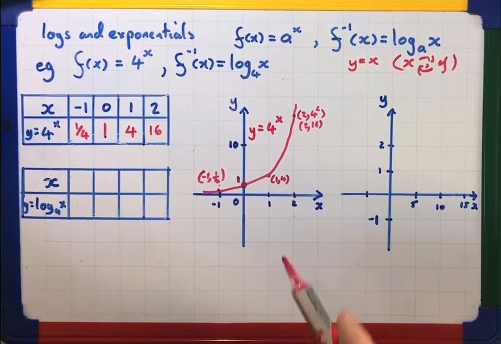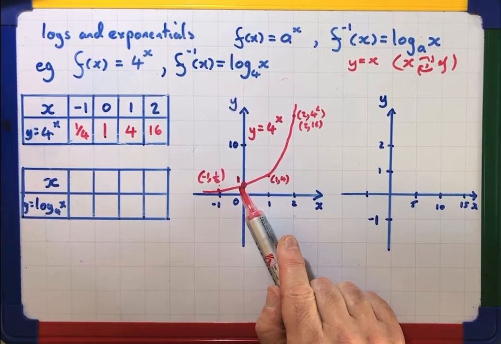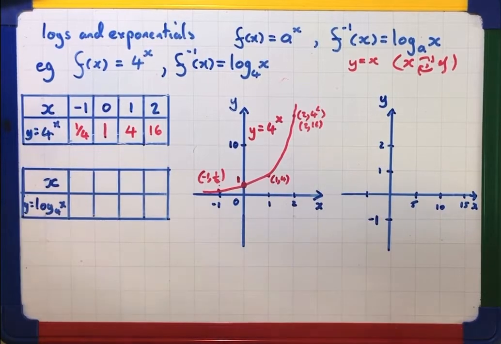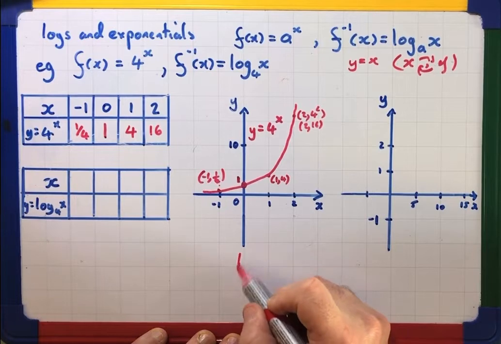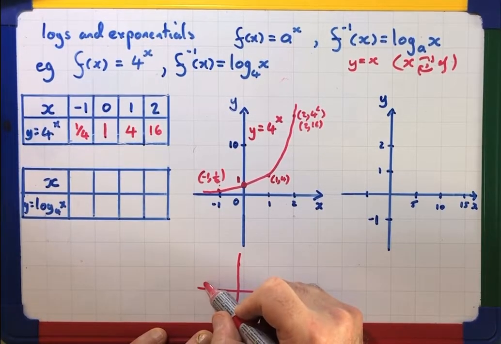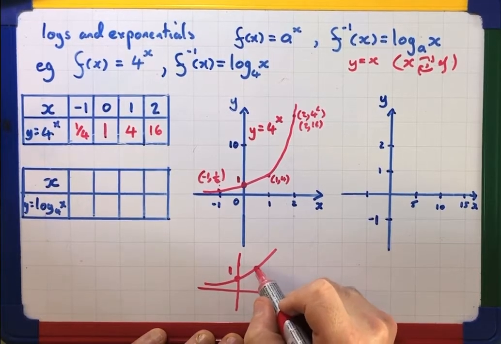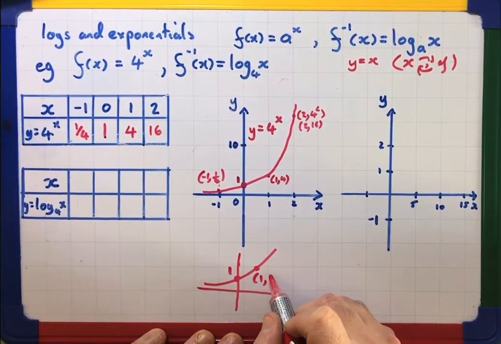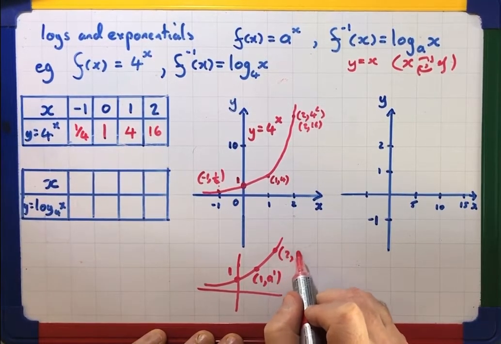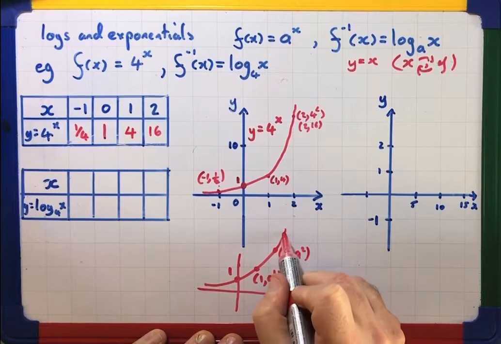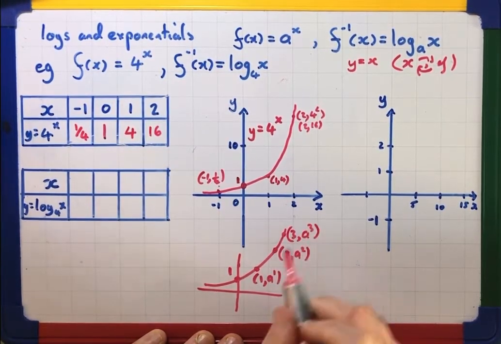Now, any exponential graph will always go through 1 on the y-axis. If we're doing a general case of this, if I just do a little sketch down here, they always go through 1, and it would go through 1, a to the power 1, 2, a squared, 3, a cubed, and so on.